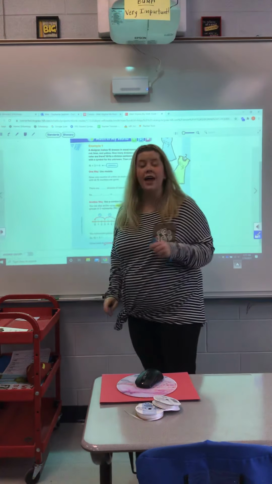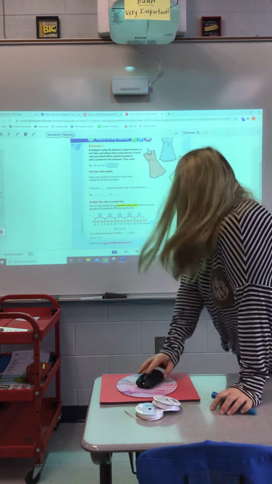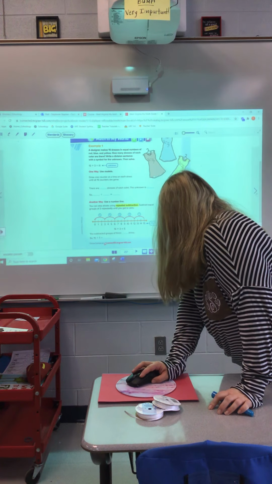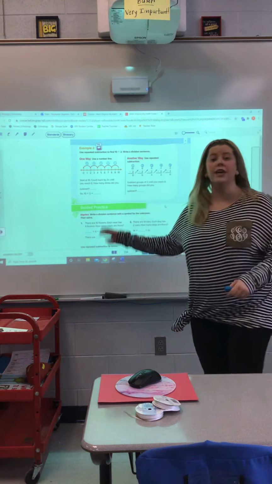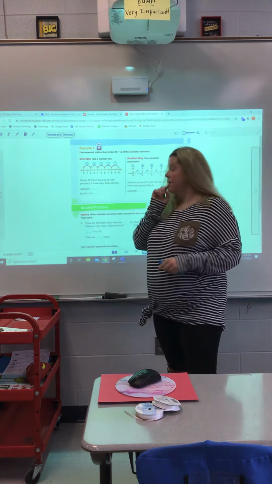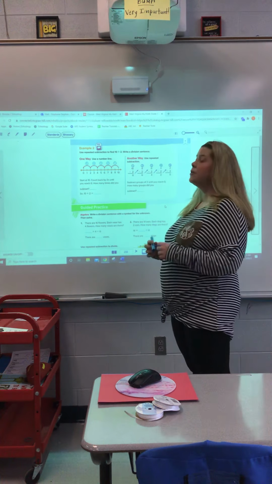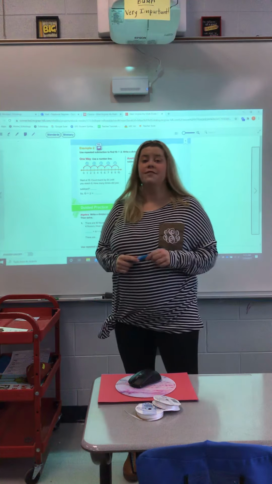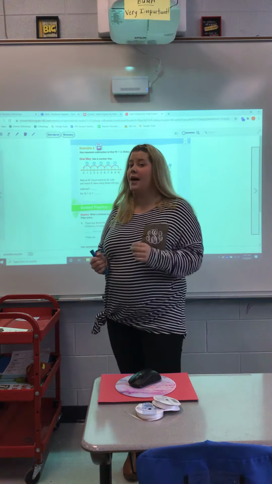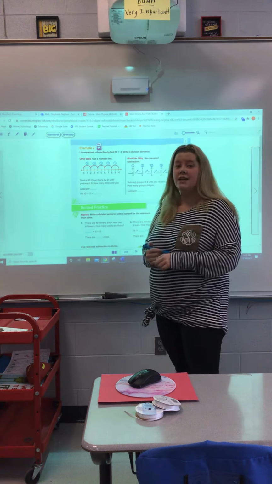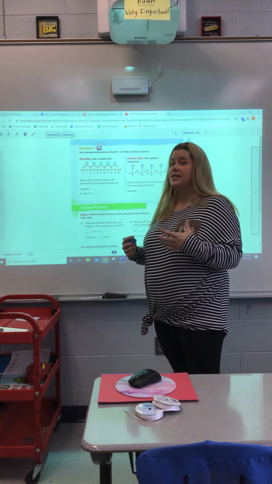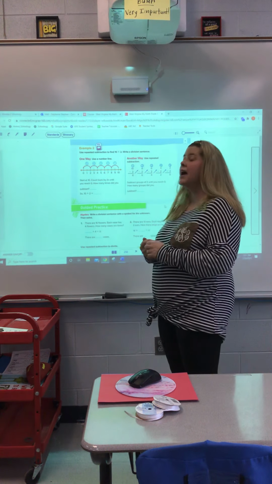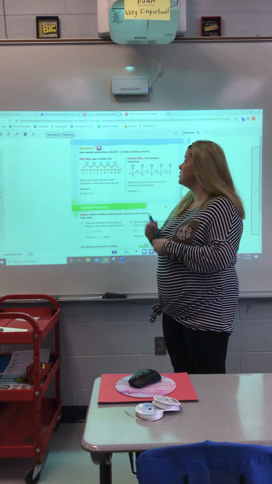All right, go ahead and turn your page. Okay, and we're going to look at example 2. Example 2 says, use repeated subtraction to find 10 divided by 2. Write a division sentence. So if I were going to do this using the number line, my first step is to make a number line that goes to what?